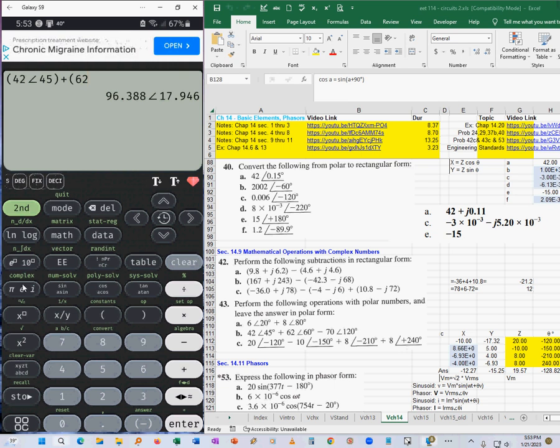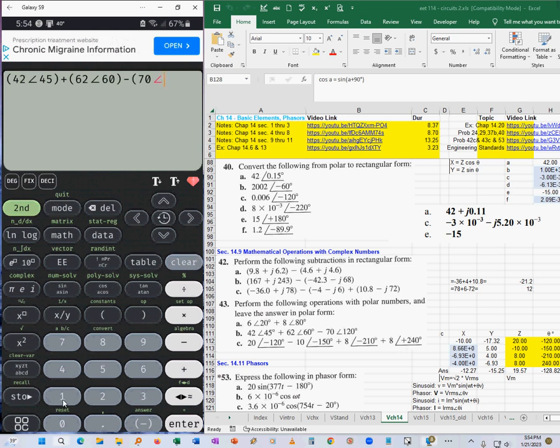62 angle of 60 minus, notice I'm putting parentheses around everything, 70 angle of 120, yeah, in parentheses.